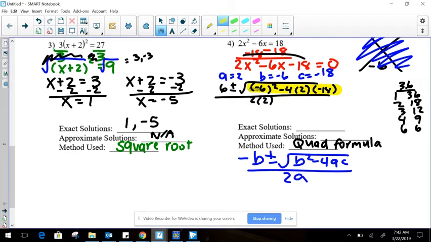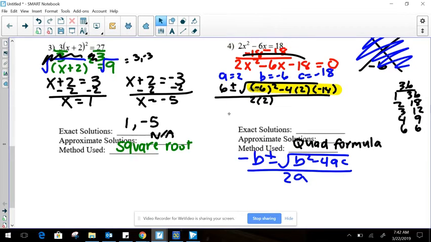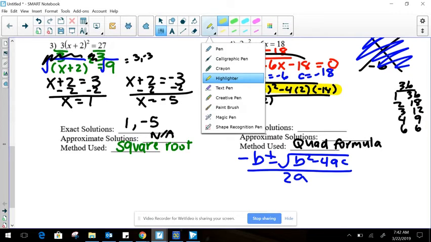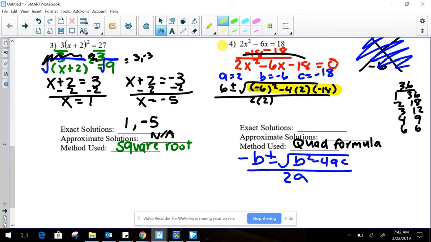What number do you get? You should get 180. So I have 6 plus or minus square root of 180 over 4.